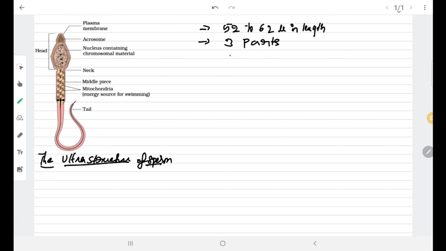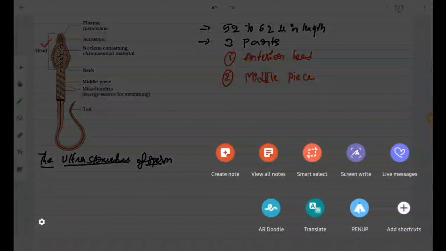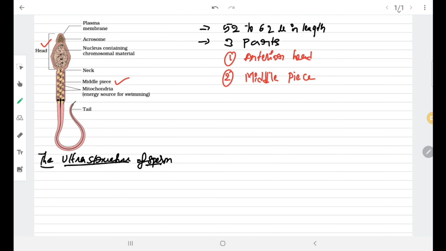So the three parts are: the anterior head, which is this one, the middle piece, which is this one, and the third one is the posterior tail, which is this one.